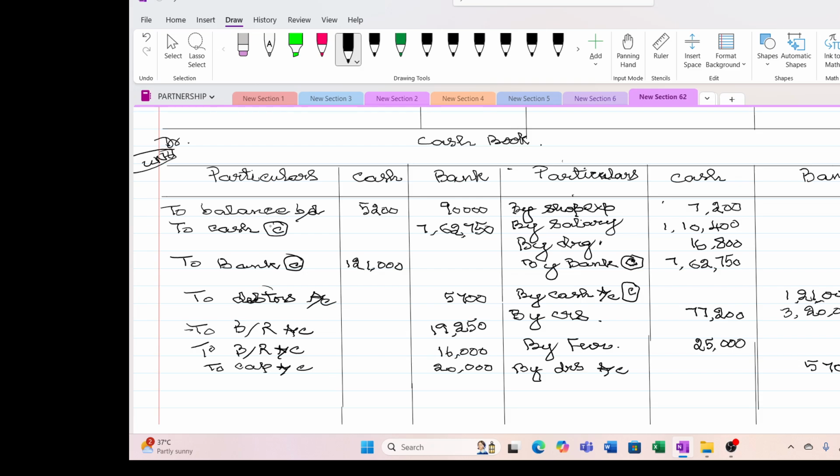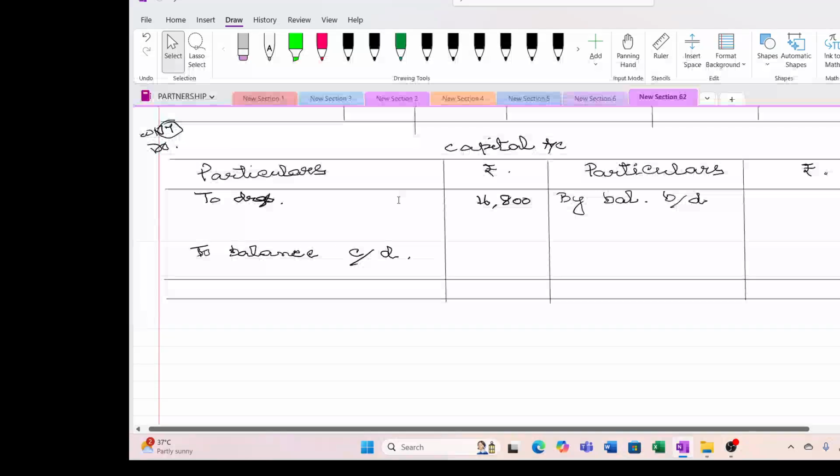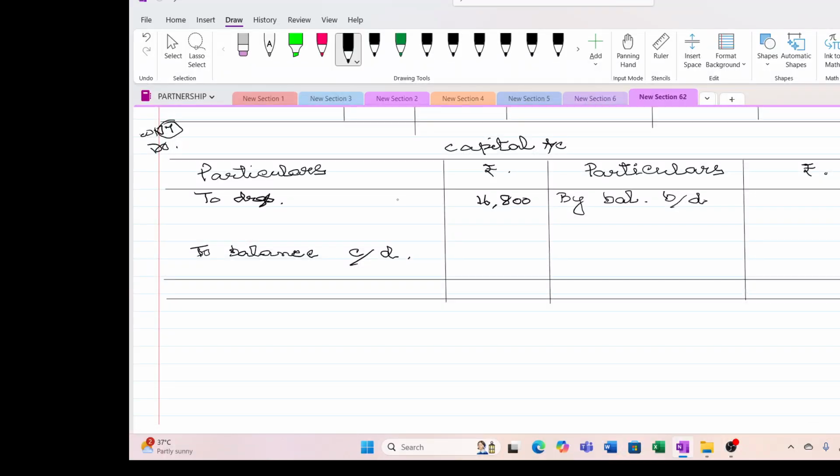So both will go into capital account. I am going to post these two into the capital account by bank account, 20,000 and 14,000.